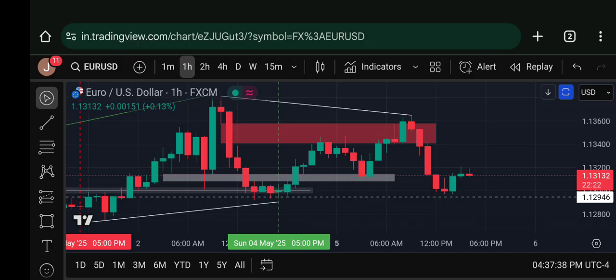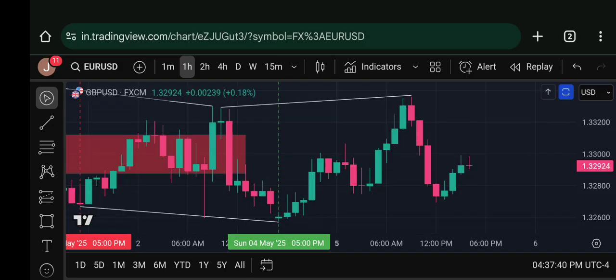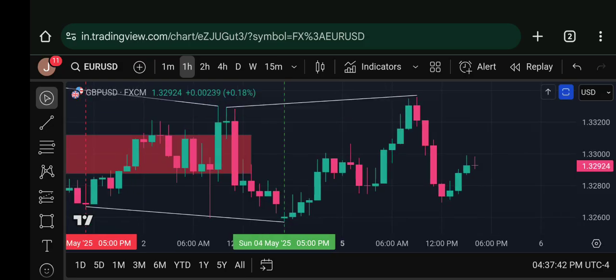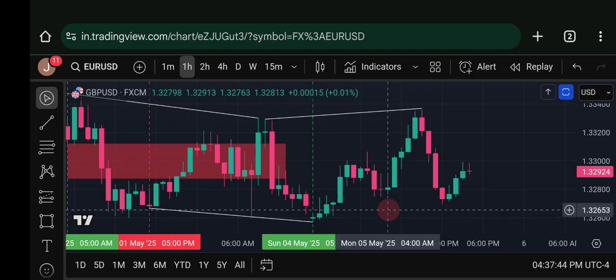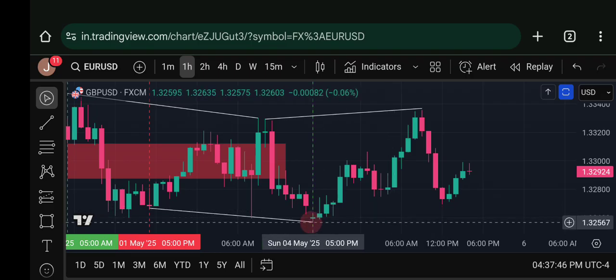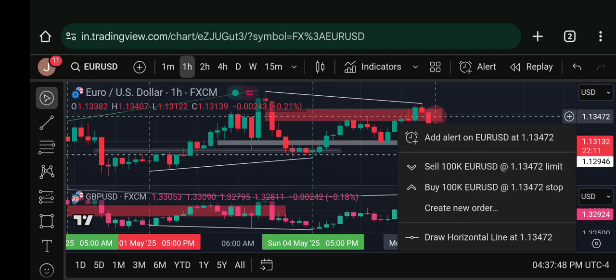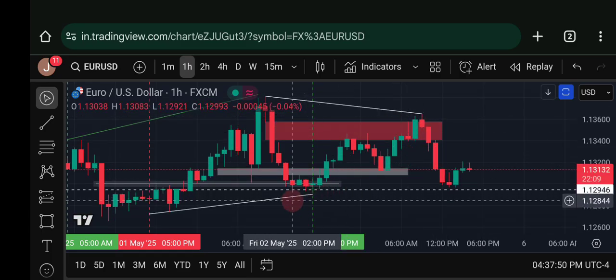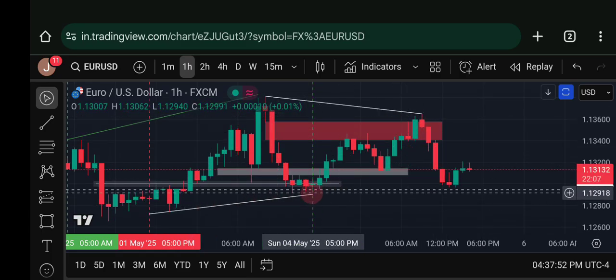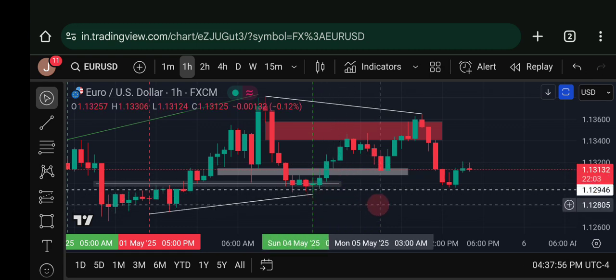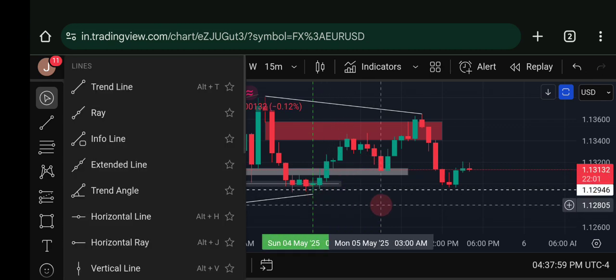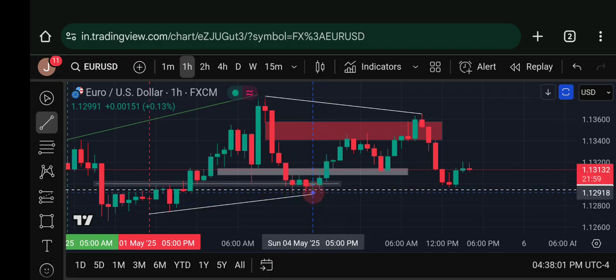Now if price respected this bearish fair value gap and swept this sell side liquidity, where will it go? It will definitely move to these lows, that is this low. Again a sell side liquidity sweep is expected, and price will certainly move below these lows here, guys, that is this low.